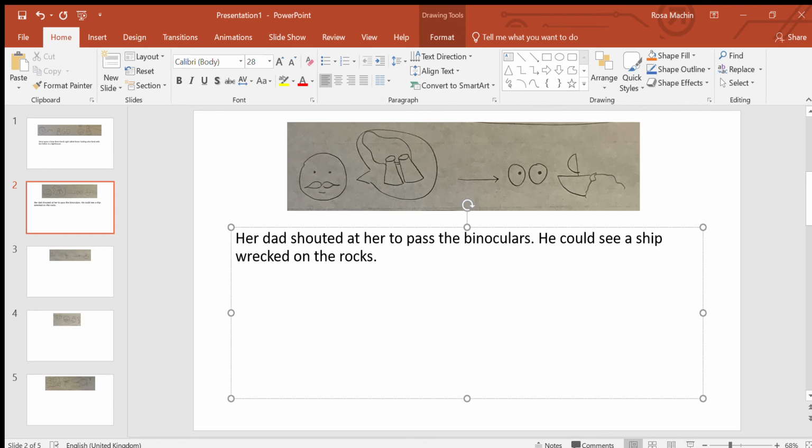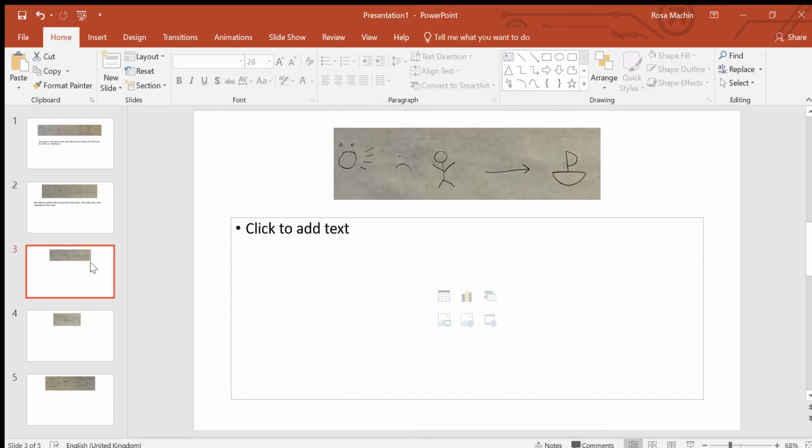So like I said, I'm going to talk you through the next couple, but I'm not going to type it out, otherwise I feel like you're just going to be here all day watching me, and I'm sure that you are keen to get on with your writing. Okay, so the next bit here, Grace Darling is shouting that we must help those poor men so they get on their boat. Grace shouted, we must help those poor men.